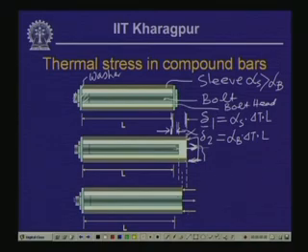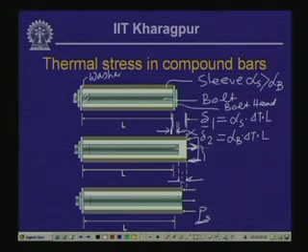The third figure indicates the final position of the outer sleeve and the central bolt, where both are in the same line having the same deformation. To bring it back to this position from the free expansion of the outer sleeve, this much deformation needs to be recovered by application of this compressive force. Let us call that the slip force Ps.